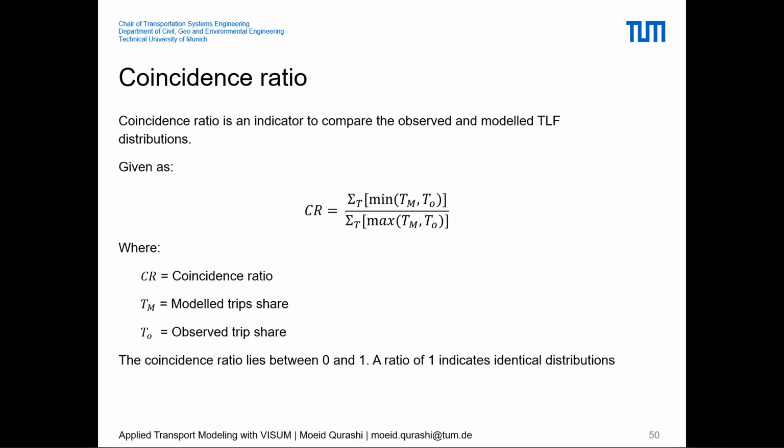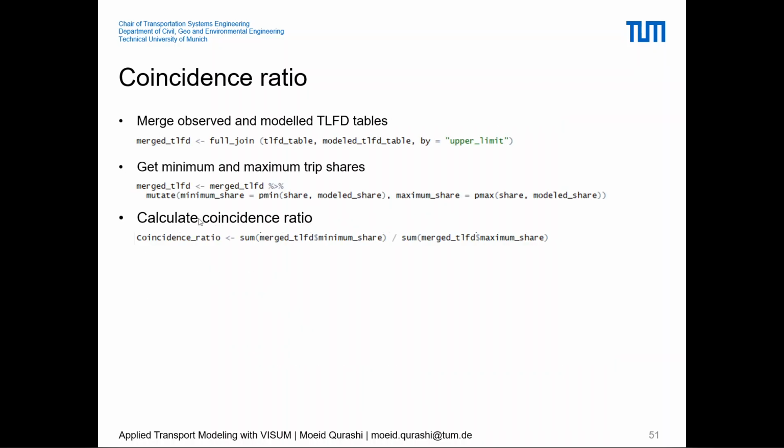And to implement this formula, we'll manipulate our TLFD tables a bit, for both observed and modeled. First, we'll merge both the observed and modeled TLFD tables, and we'll have a merged TLFD with a full join of the TLFD table and the model TLFD table. Then next we'll create new columns by using the piping mutate function. So basically you have merge TLFD is equal to merge TLFD.